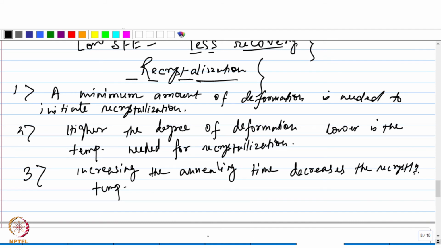You can say that doubling the annealing time is equivalent to increasing the recrystallization temperature by 10 degrees Celsius.